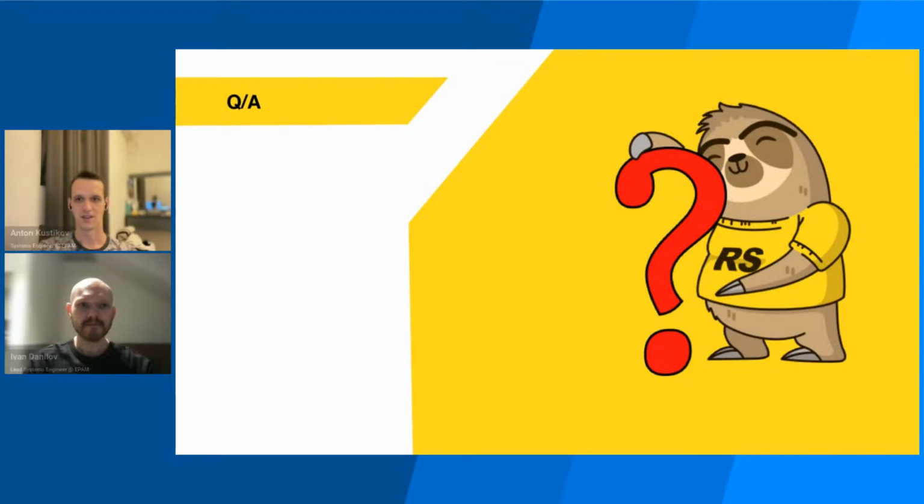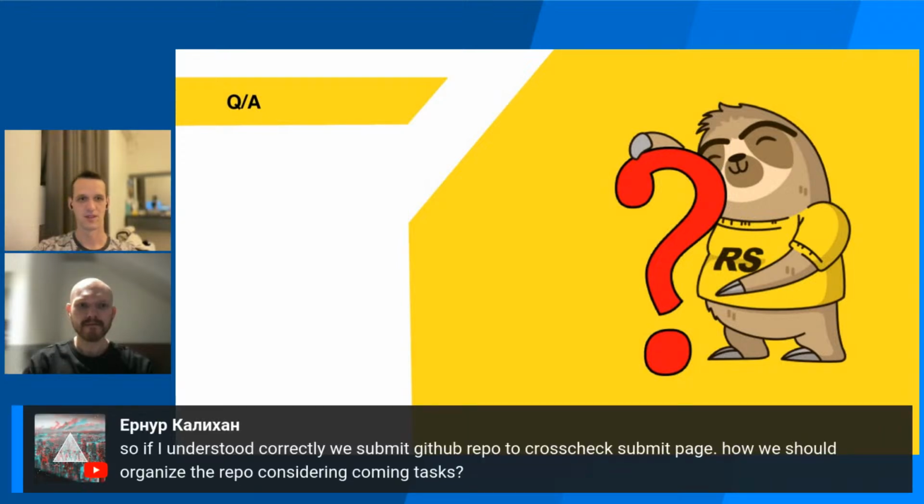Okay, next one. GitHub repo, first cross-check submit page. How should we organize the repo considering common tasks? It's a good question.